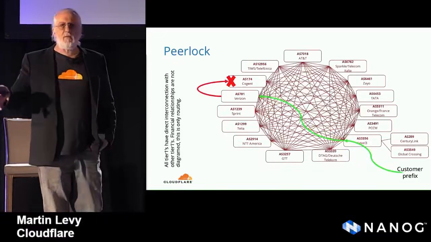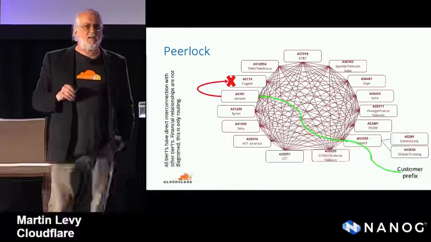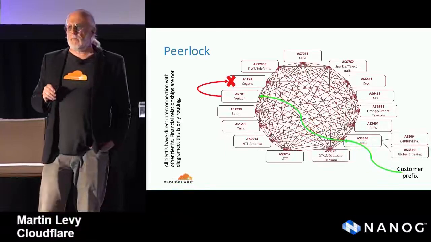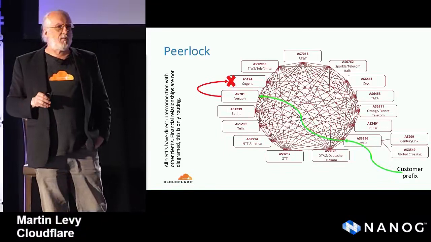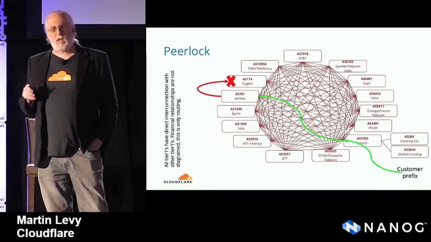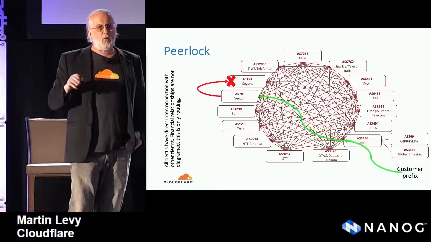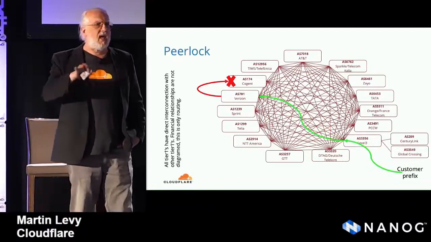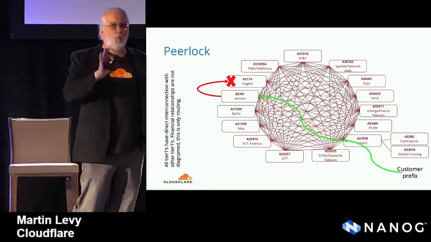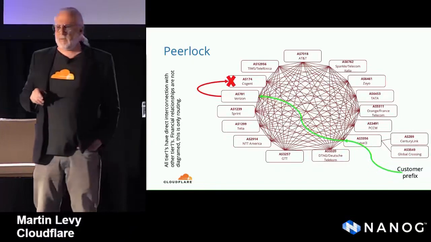If we believe, without getting into an argument, that these are the various tier 1s that exist today, they all interconnect in a full mesh. Therefore, a route coming from a customer into one of those networks would only traverse this area of the internet once and then wander off to some other customer environment.